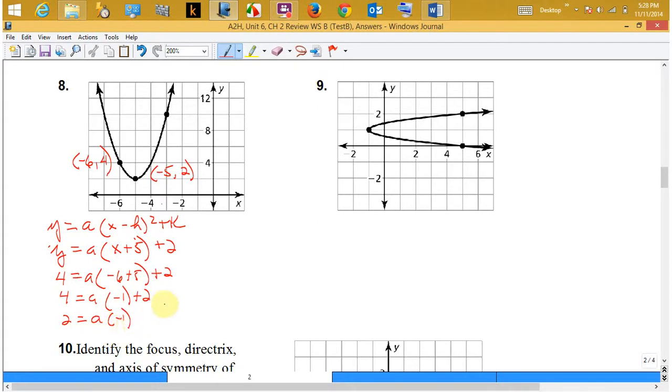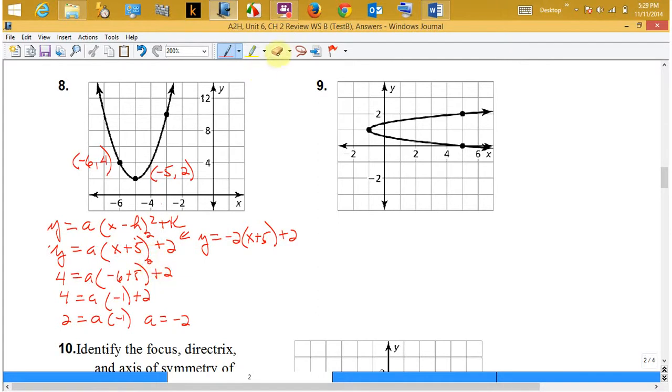Dividing by -1, I'm going to get a is equal to -2. So plugging a equals -2 into this equation, I have y is equal to -2, x plus 5, plus 2. And these should be squared.